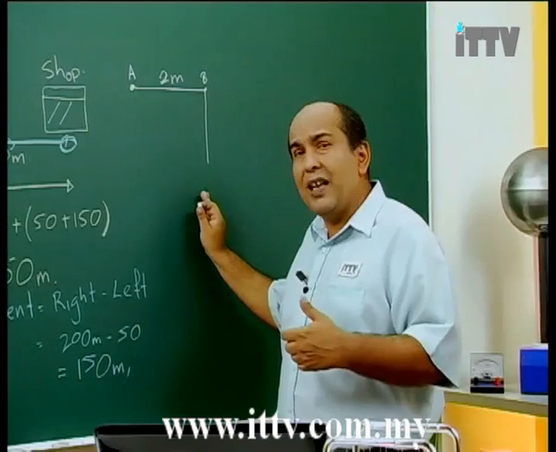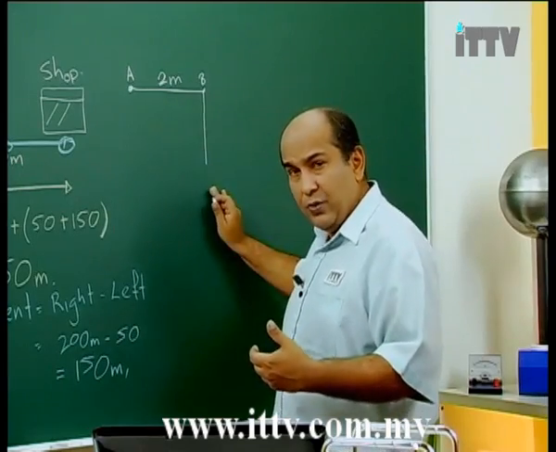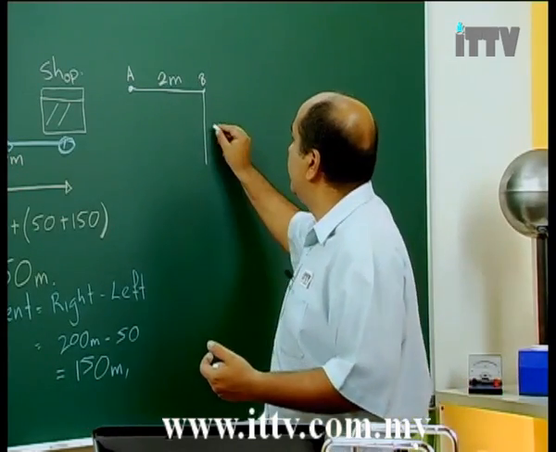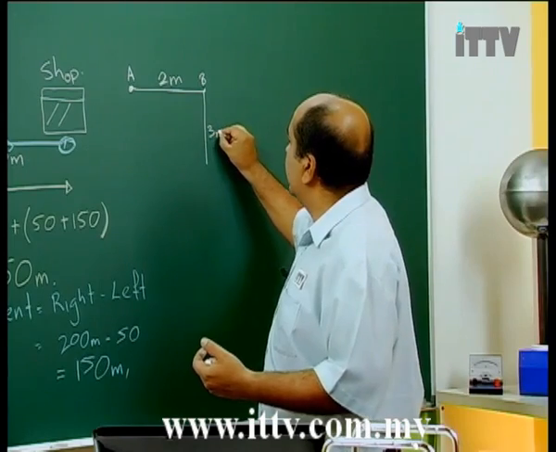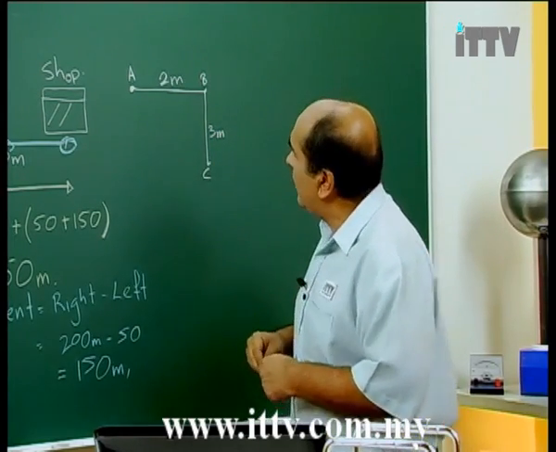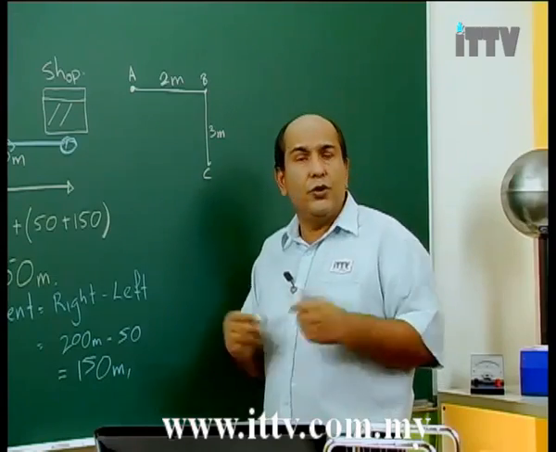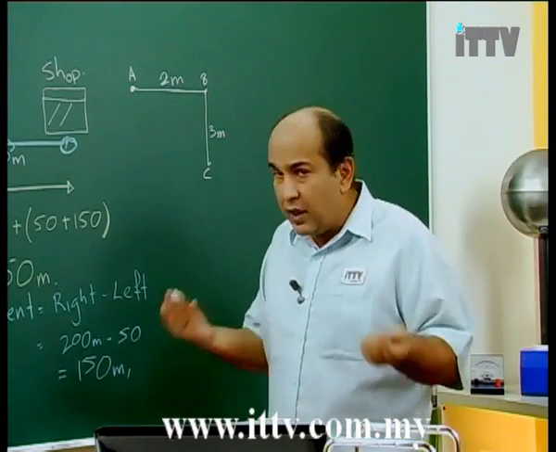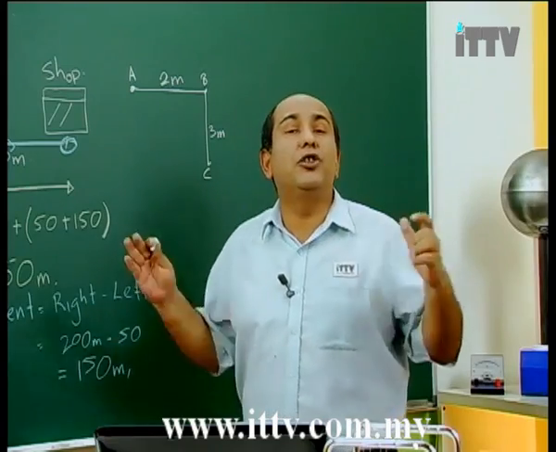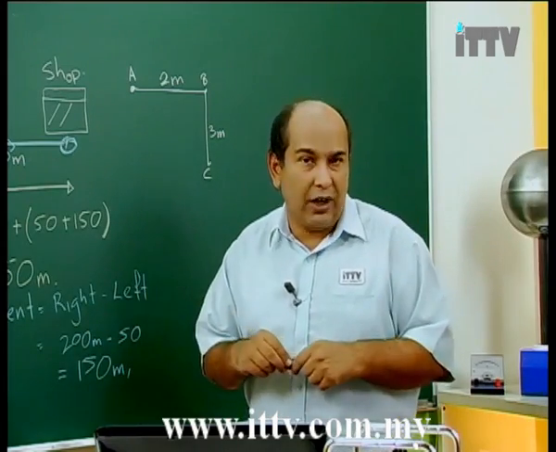Now, if I move like this downwards, let's say that in this instance, I moved 3 meters to point C. Now, in this case, to do the distance, we just keep to our normal practice, which is just add up the total lengths that were traveled.